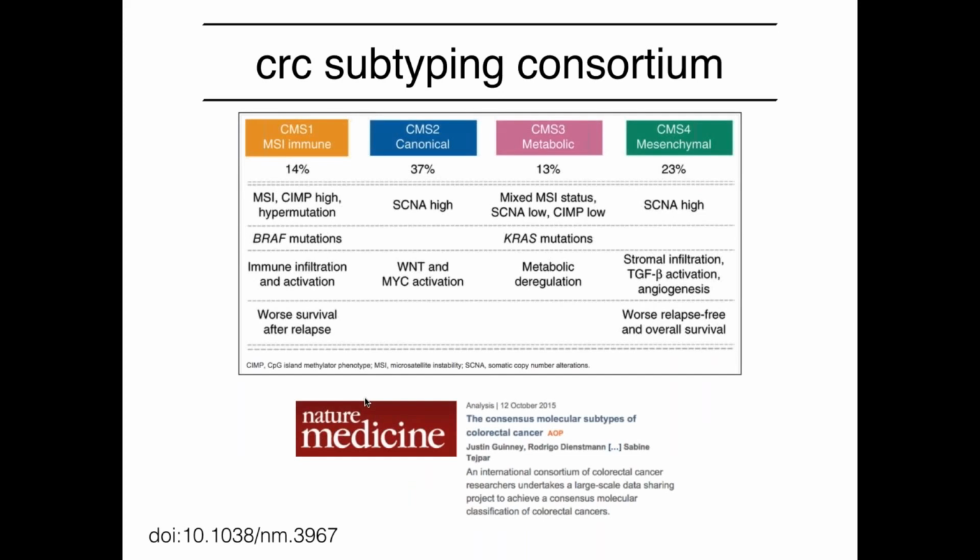And so there ended up being general agreement that there were 4 what we now call consensus molecular subtypes that have very, very strong biological underpinnings. And in fact, the results of these, in particular one of them, the CMS1 MSI immune group, is being used to subselect participants in clinical trials in Europe.